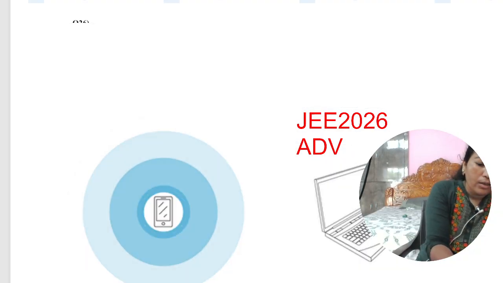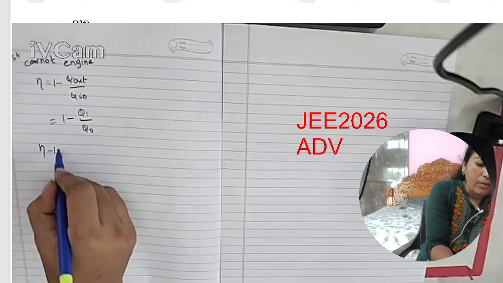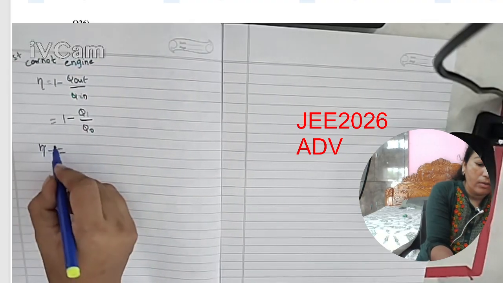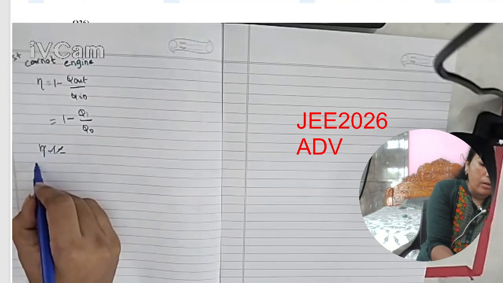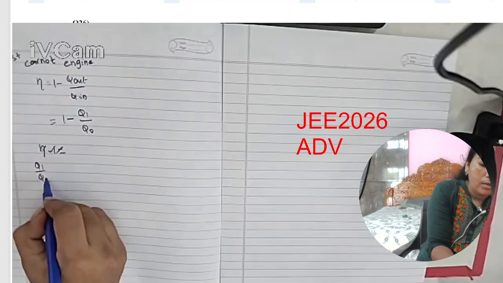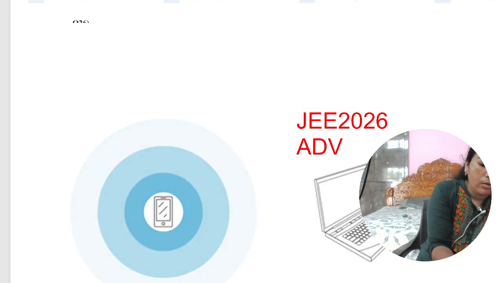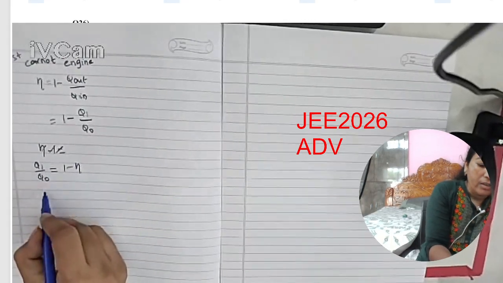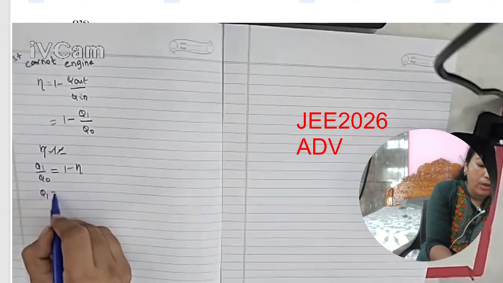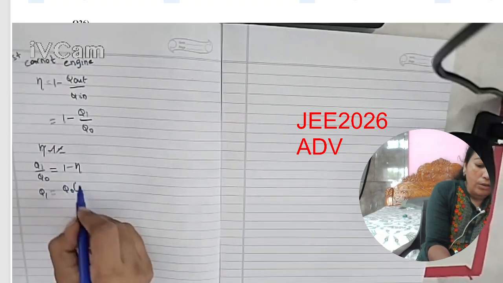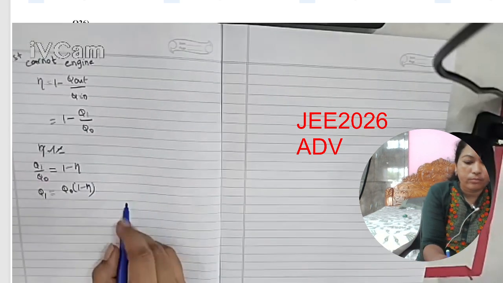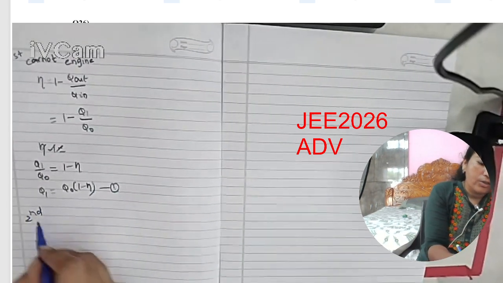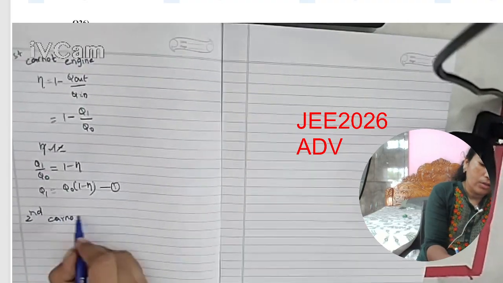From this you get Q1 by Q naught is equal to 1 minus eta. From this you can get Q1 is equal to Q naught into 1 minus eta. Next, go for the second Carnot engine.